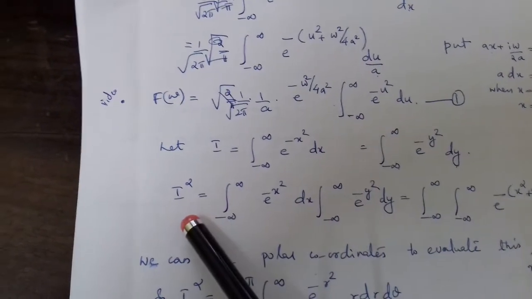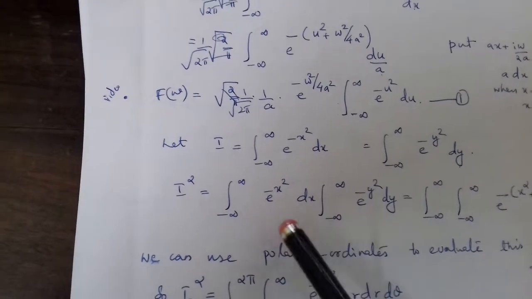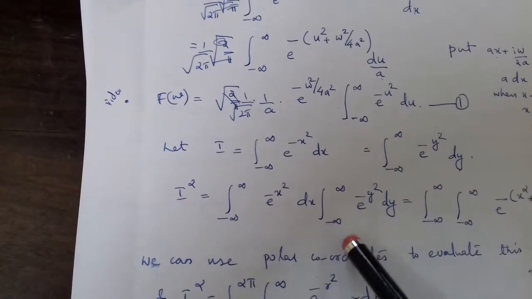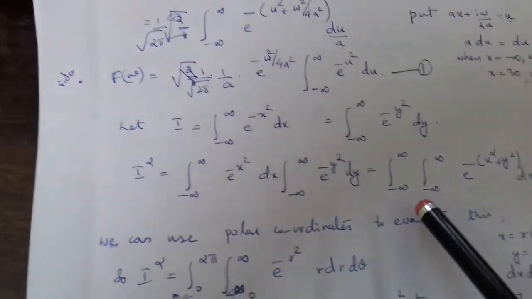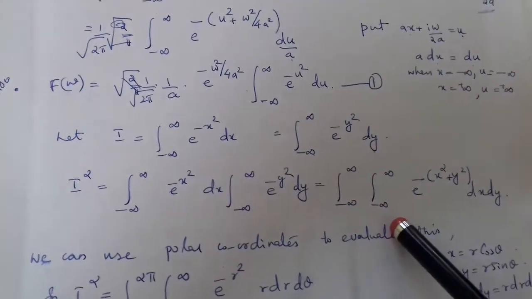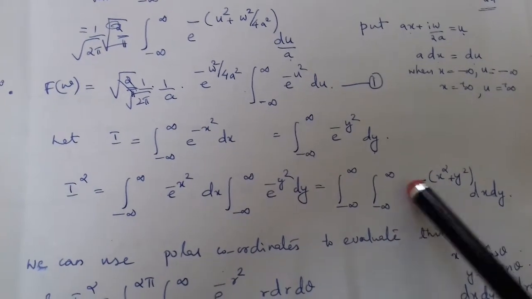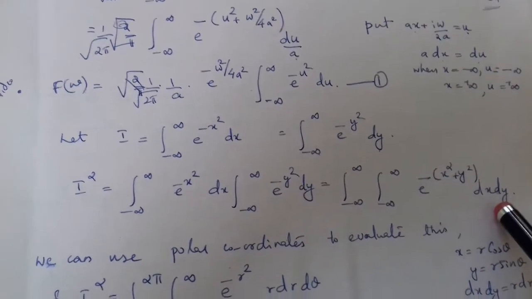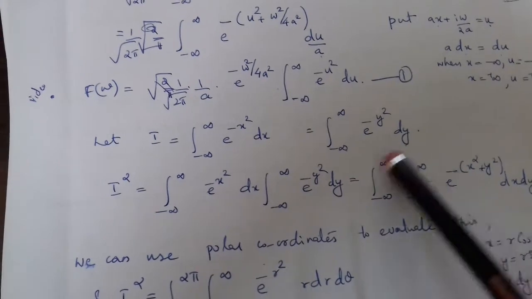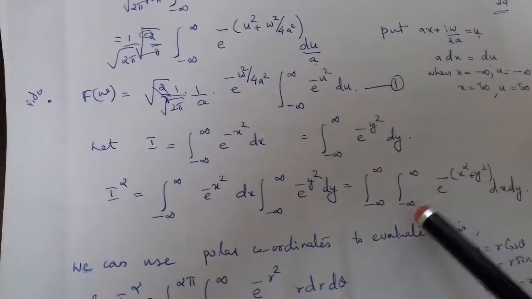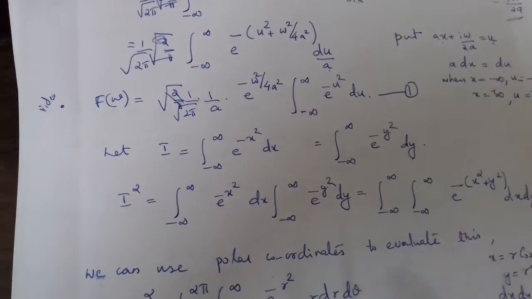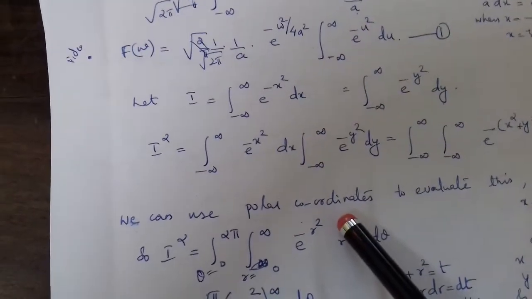Now if we do I into I, I square is integral minus infinity to infinity e raised to minus x square dx into integral minus infinity to infinity e raised to minus y square dy. And it is integral minus infinity to infinity, again integral minus infinity to infinity e raised to minus of x square plus y square dx dy. Now it is a double integral. To integrate double integrals with an x square plus y square term, and infinity as the limit, we can use polar coordinates.